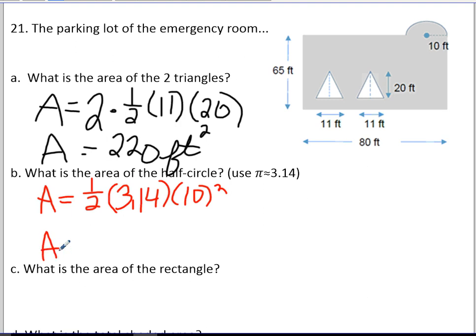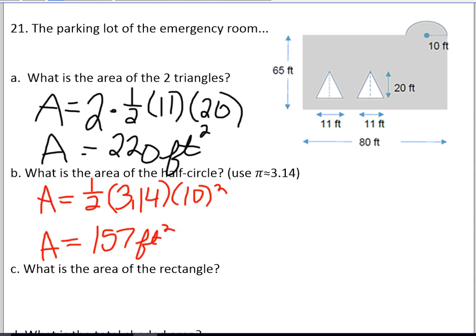So again, enter all that into a calculator, and you will see that the area for our semicircle is 157. Again, square feet.